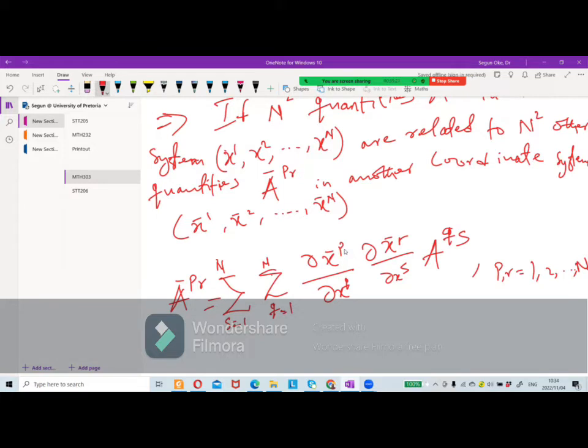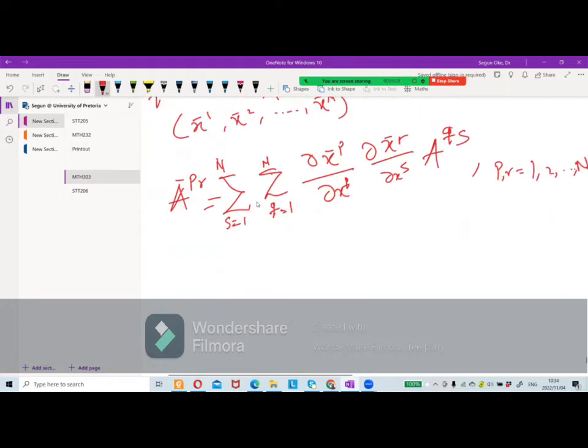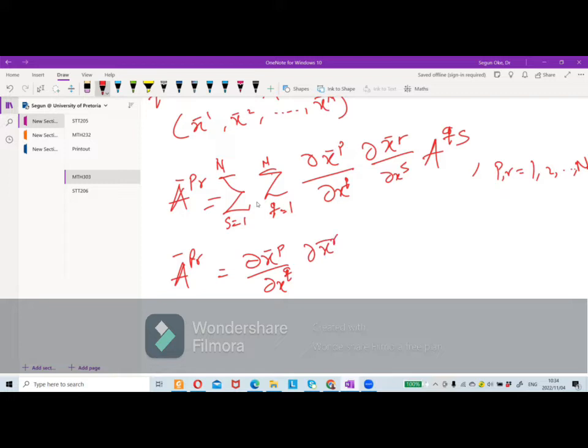So these are the things they will ask us to do. And when you have A bar PR equals to the x bar p over the x^q, then the x bar r over the x^s multiplied by A subscript QS.